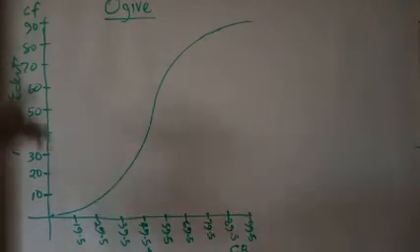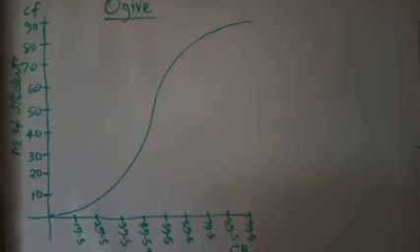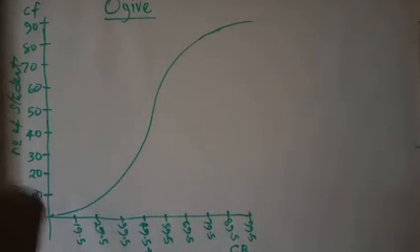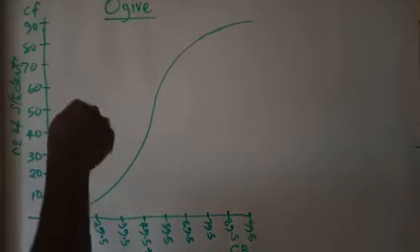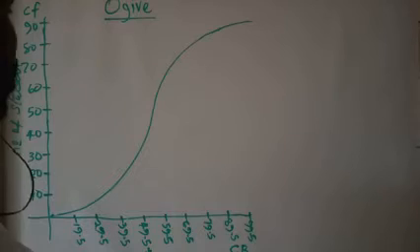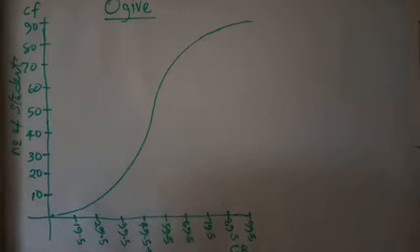Because we use the cumulative frequency to draw the graph, anywhere you put your hand is at most. Someone asks you to find the number of students that scored at most 49.5. This is at most 49.5.